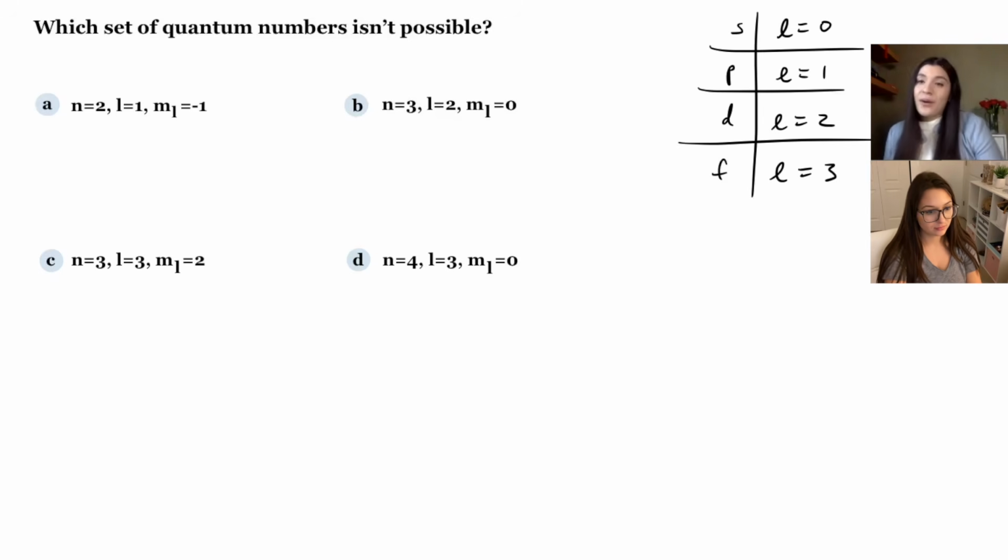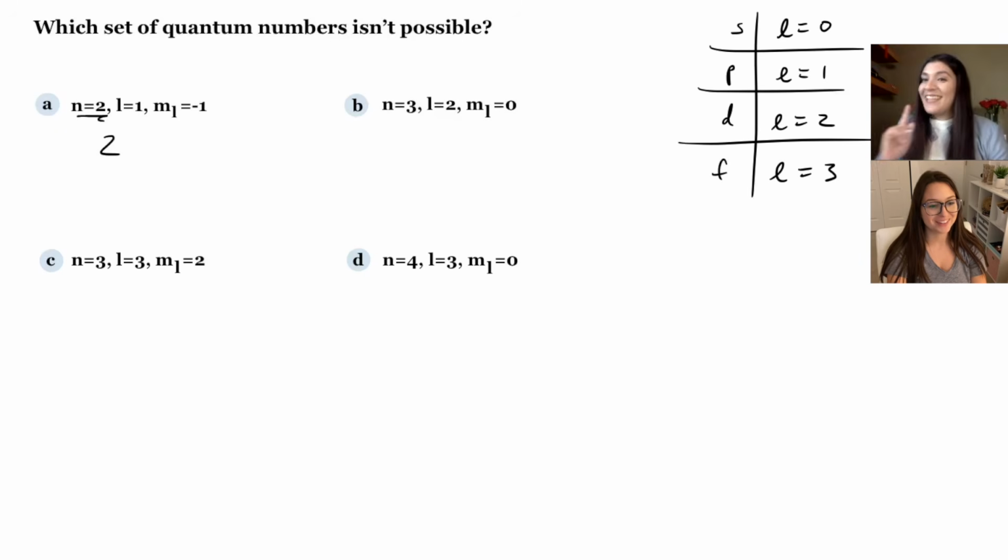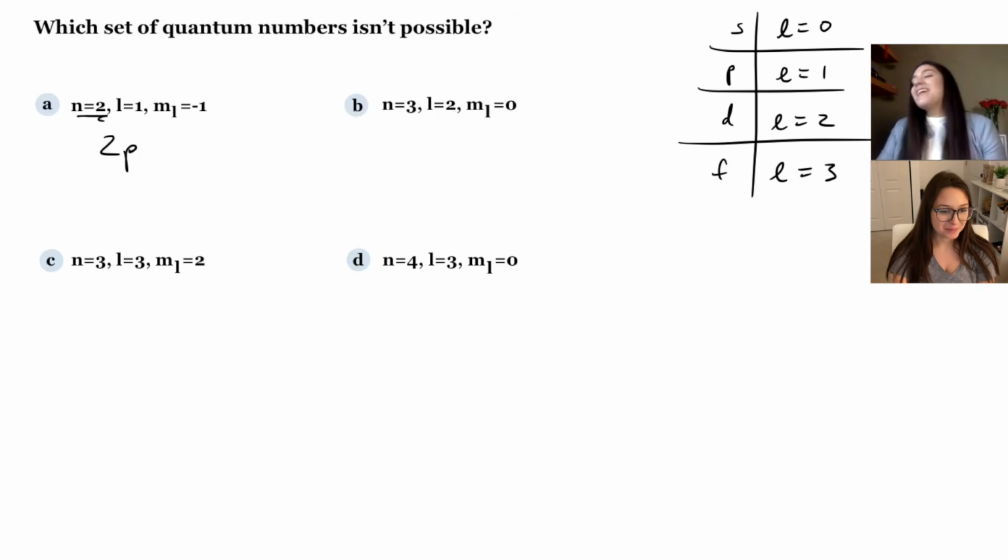Or 2p? It's 2s. Try that again. So you're right with the 2. 2p, because it's a 1. Yes. Okay, 2p. And then that's all we would know, because this doesn't tell us anything else.